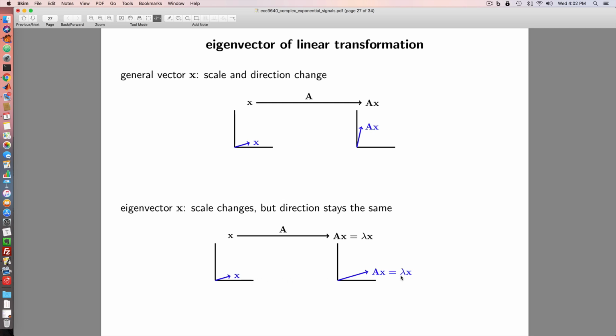So lambda here is a scale factor, and all it's doing is lengthening or shortening this vector x. There are a collection of these eigenvectors that have this special property that they are invariant in their direction, and they only change in the scale factor when you apply this transformation.